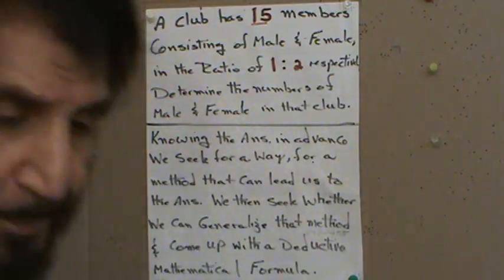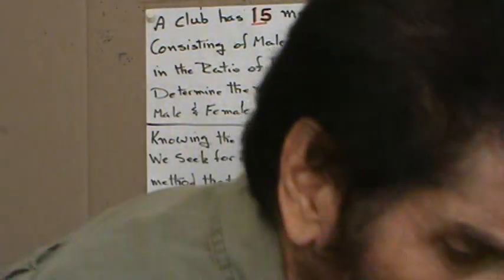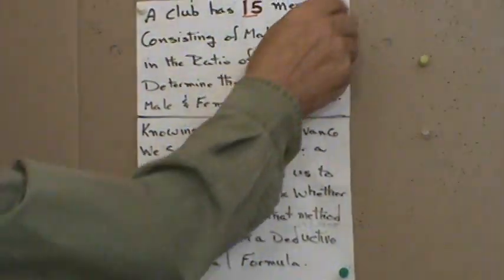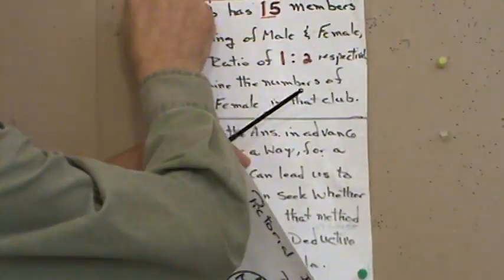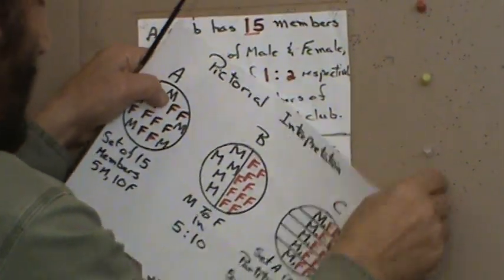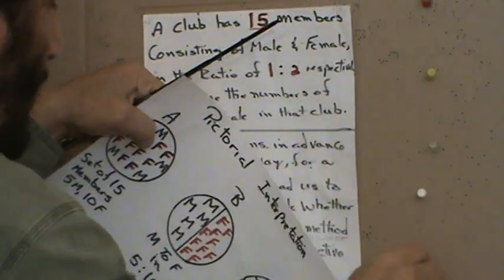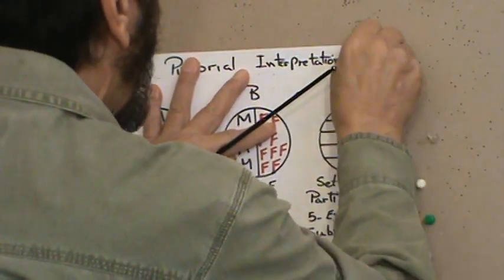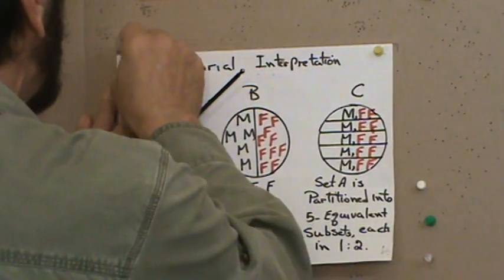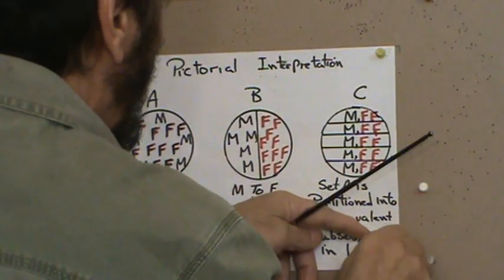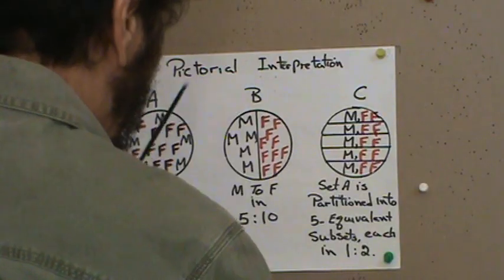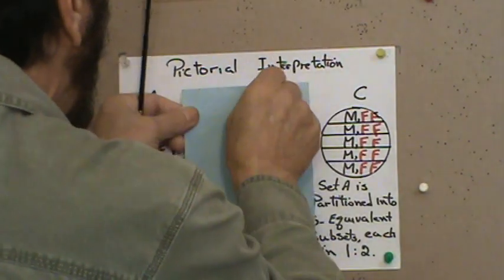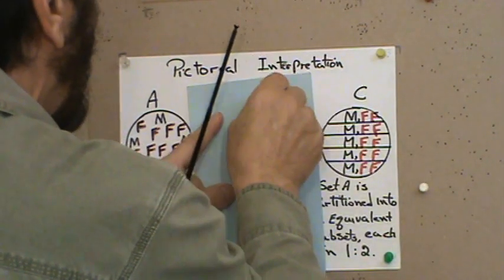Okay, now I have made a pictorial model for myself that can lead me to a numerical setup. Let me hang that up, zoom in, and go over it, and see how that picture can help me set up the corresponding numerical interpretation.